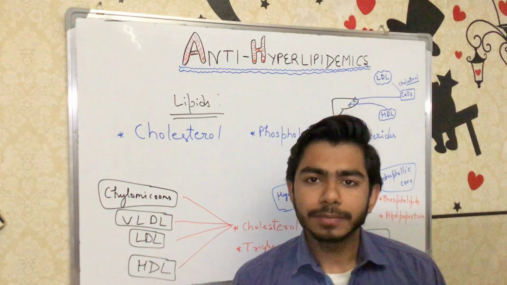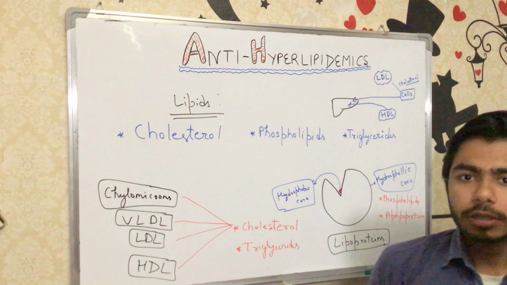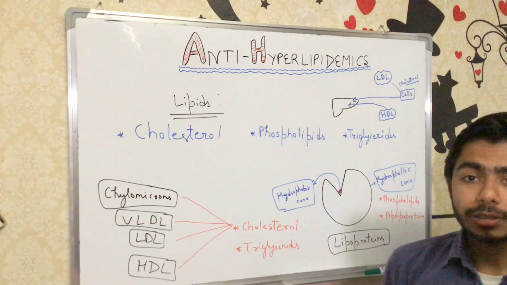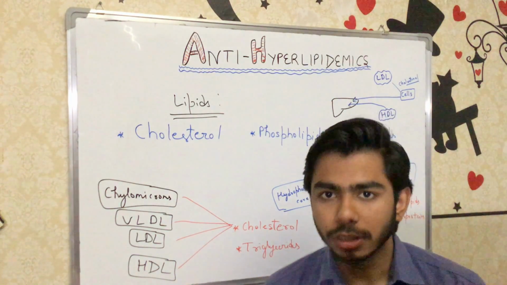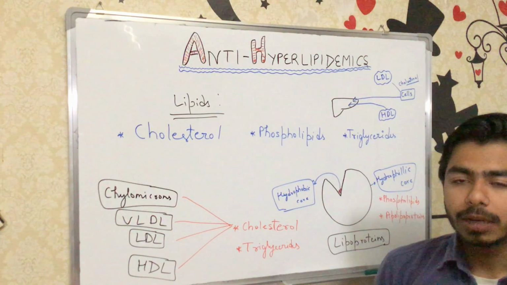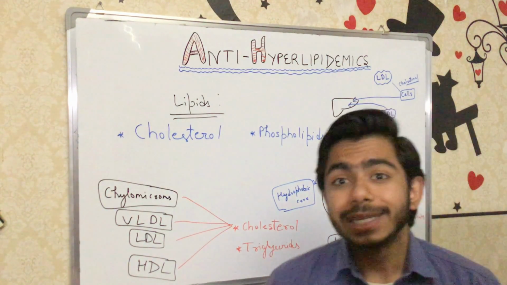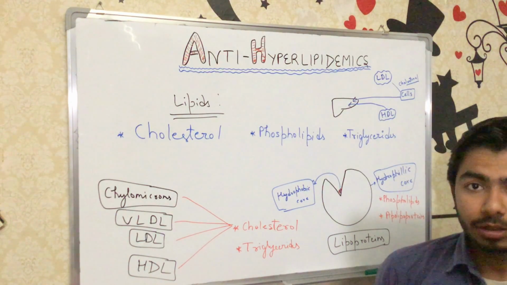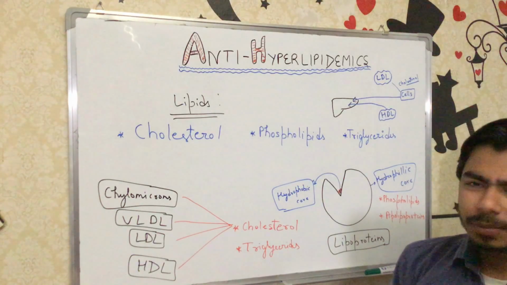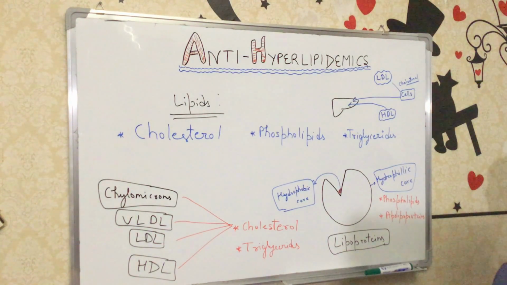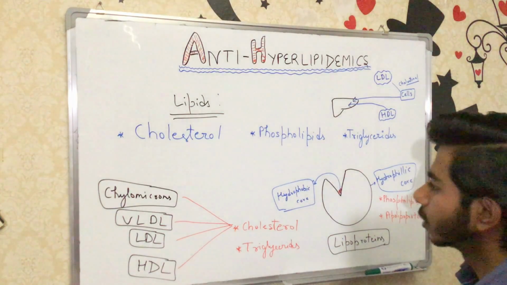Now moving further, let's talk about the real story of the anti-hyperlipidemics, and let's come over to the drugs. Which drugs and which classifications are there to handle such situations, such increased levels of cholesterol inside our blood, which could be very dangerous to our body. So anti-hyperlipidemics have various classifications. Let's talk about what drugs are classified under which classification.